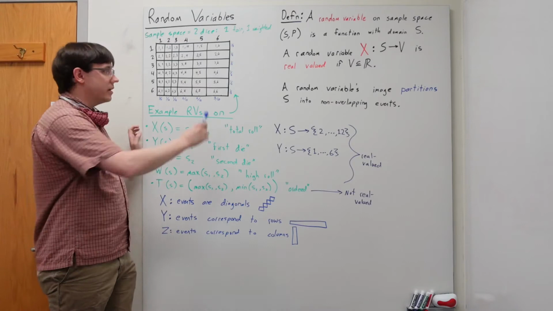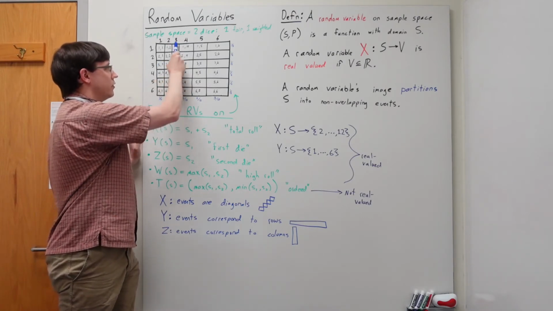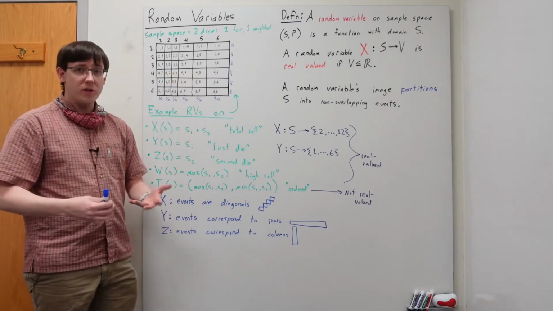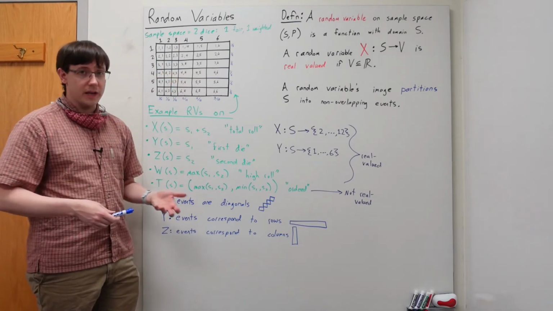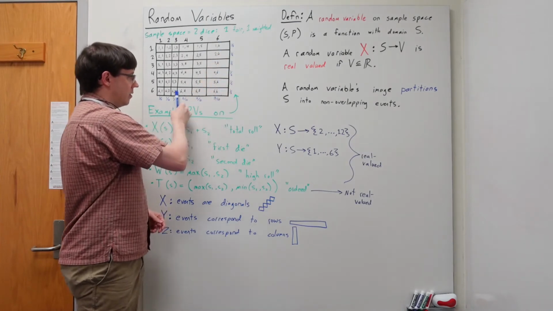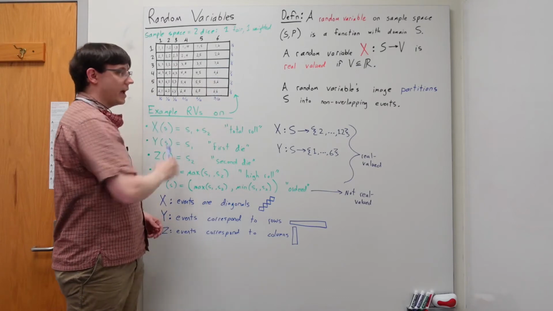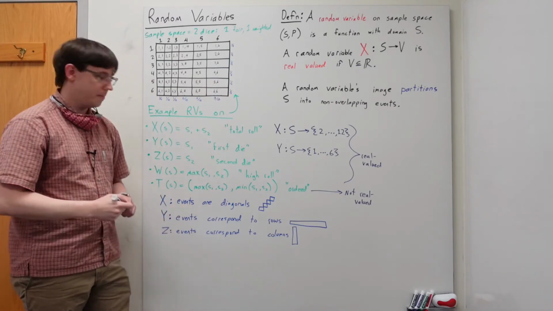So that event consists of the outcomes where 3 is the larger of the two rolls. Similarly, the event W equals 6 would be all of the outcomes in this subset of S, which again forms a backwards L.